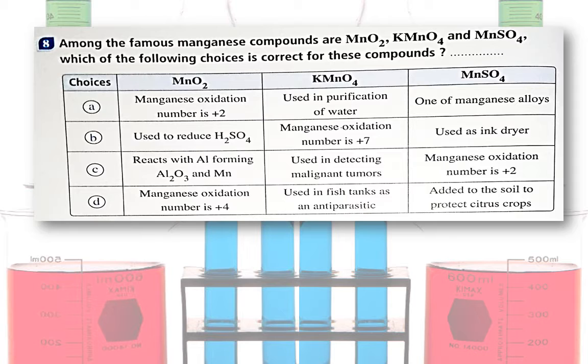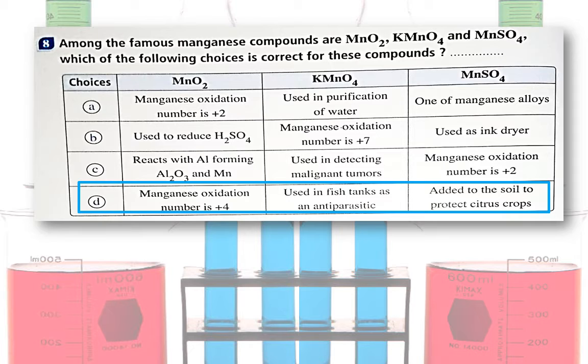Each one of them has different properties, and the uses of each one will be important. So the main use of potassium permanganate depends on the presence of antiparasitic properties, as it is used in fish tanks as an antiparasitic compound. Manganese dioxide here, its oxidation number is positive 4. And manganese sulfate is added to soil to protect citrus crops.